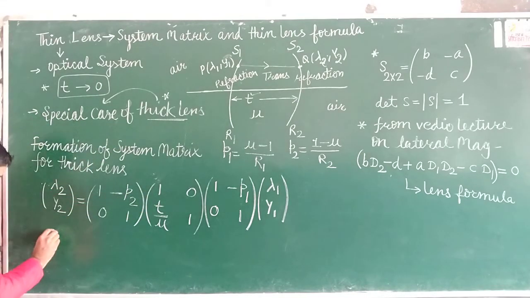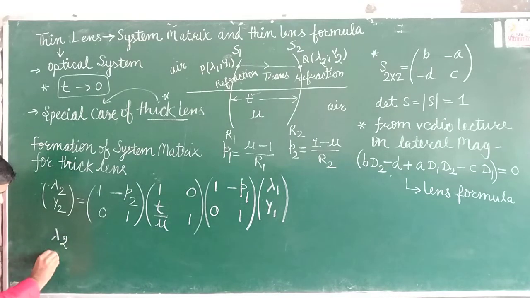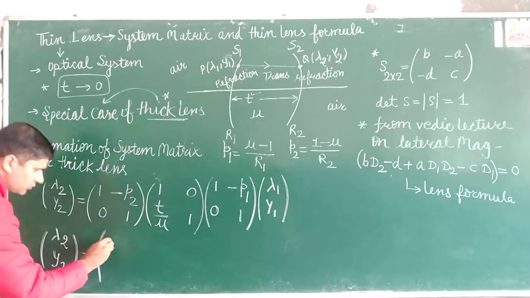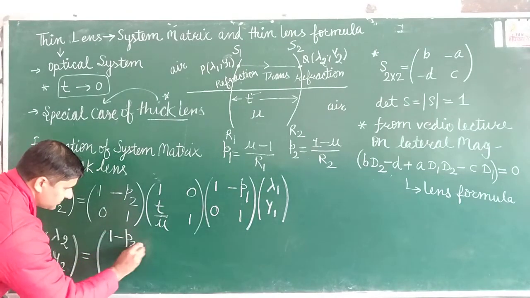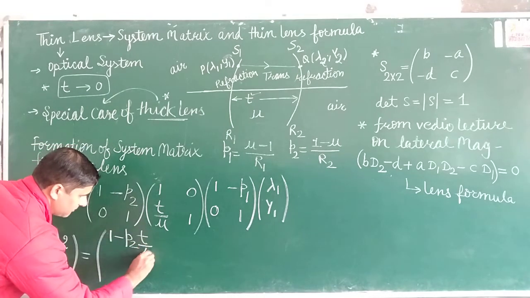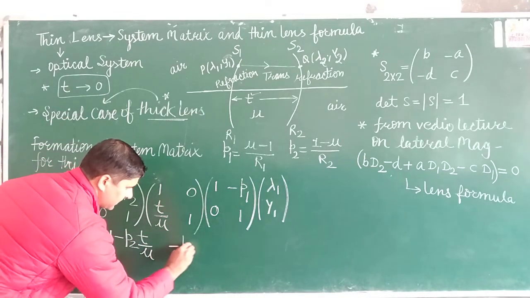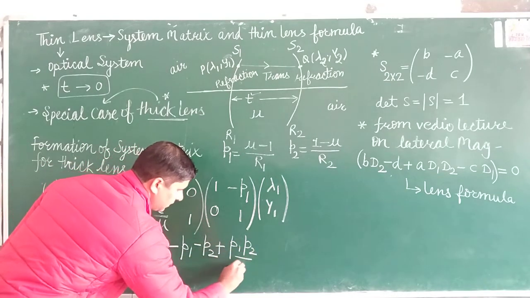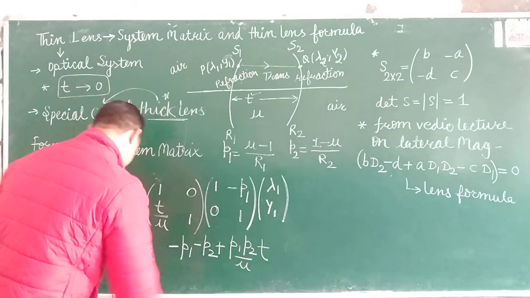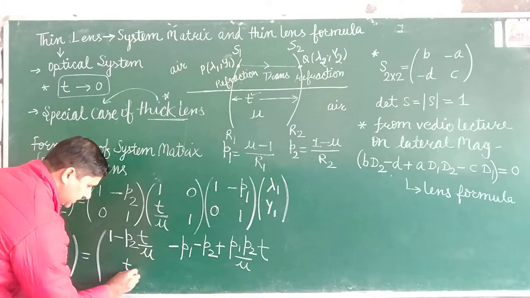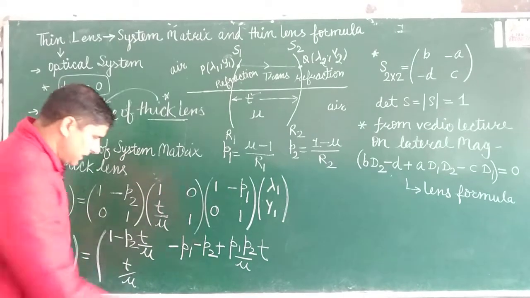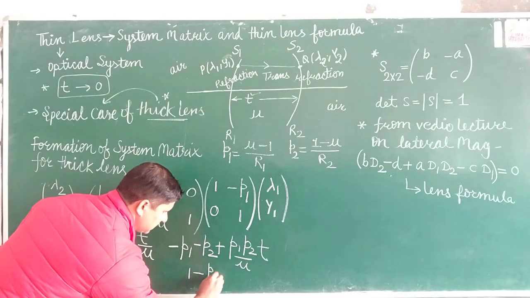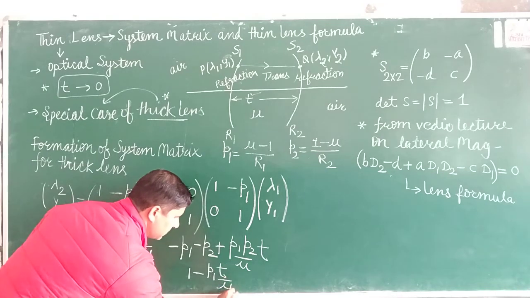So if you multiply these three matrices, you will get the system matrix for thick lens. Let me write it directly. You will get lambda 2 y2. This is equal to, after multiplication, 1 minus P2 into T by mu, and here you will get minus P1 minus P2 plus P1 P2 divided by mu into T thickness, and here you will get T thickness divided by mu, and here you will get 1 minus P1 into T divided by mu.